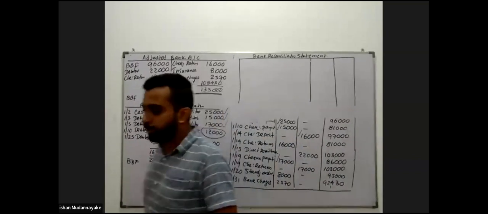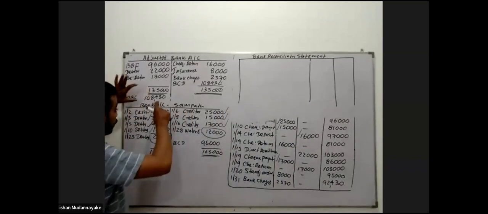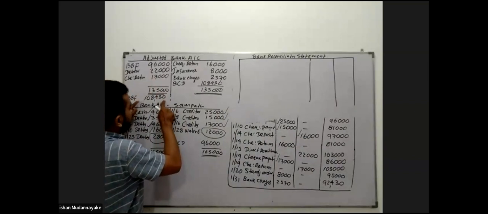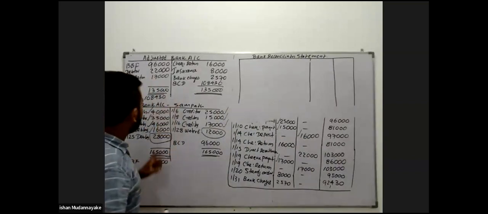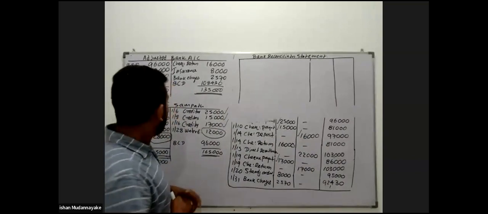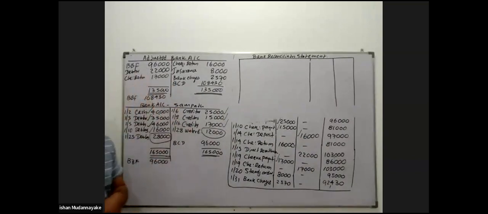According to the adjusted bank account, balance available in the business, how much? 108,430.